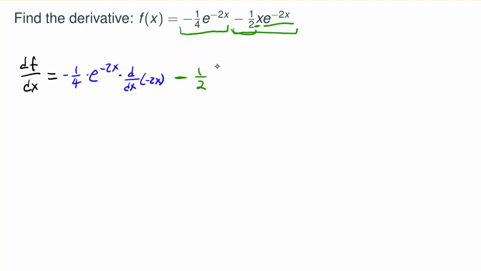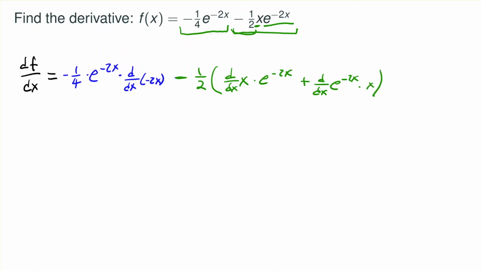And we can multiply negative 1 over 2 afterward. So let's apply the product rule. So derivative of x times e to negative 2x plus derivative of e to the negative 2x times x.